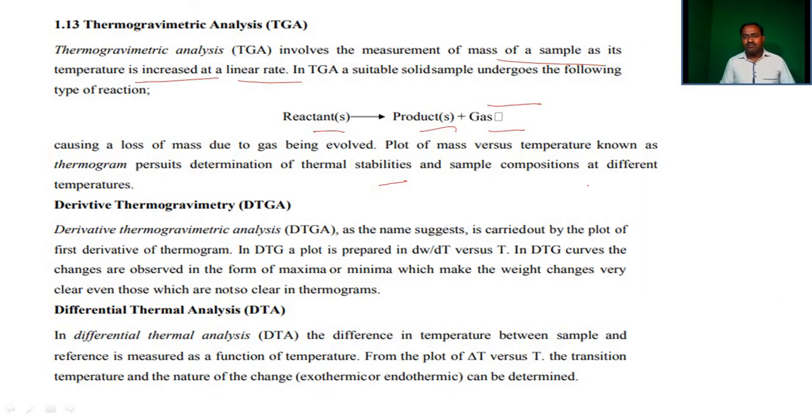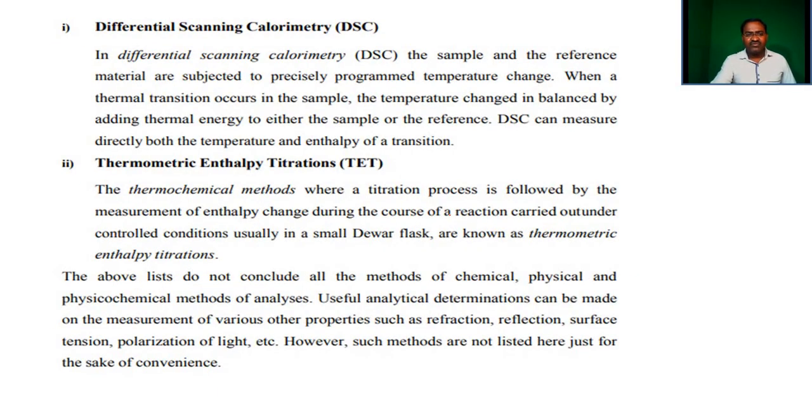Finally, plot mass versus temperature, known as a thermogram. It pursues determination of thermal stabilities and sample compositions at different temperatures. Derivative thermogravimetry, differential thermal analysis, differential scanning calorimetry and thermometric enthalpy titrations were already explained with the help of that table.